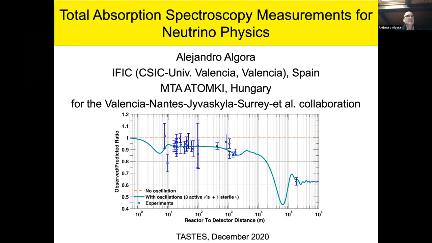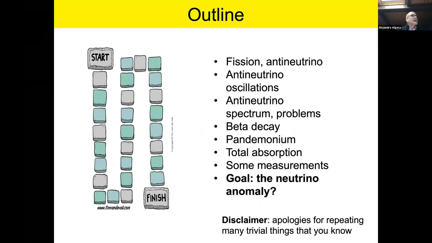So the work I will present here is intended to show you how a modest nuclear physics experiment can have an impact in a better understanding of neutrino physics. And actually, I am forced to cover many things to give a full flavor of the problem.